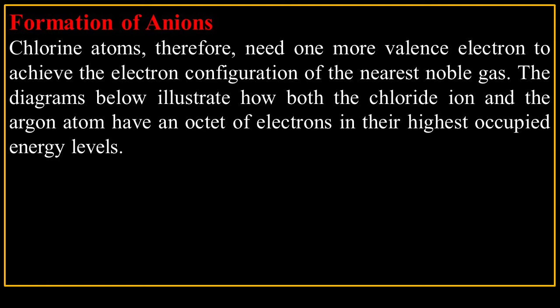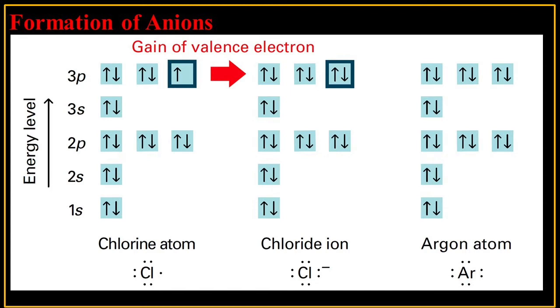Chlorine atoms, therefore, need 1 more valence electron to achieve an electron configuration of the nearest noble gas. The diagram below illustrates how both the chloride ion and the argon atom have an octet of electrons in their highest occupied energy levels. That's important.